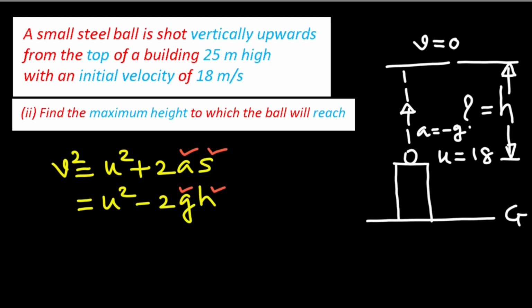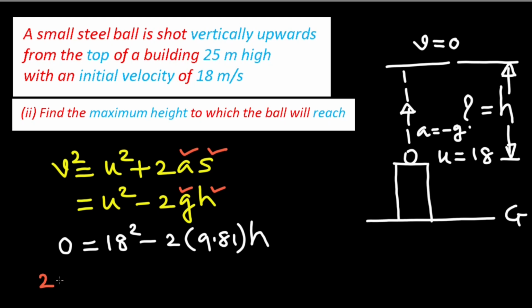We will substitute the values. V square will be 0, u square will be 18 squared minus 2, g is 9.81 times height h. So 2 times 9.81 h will be 18 square.